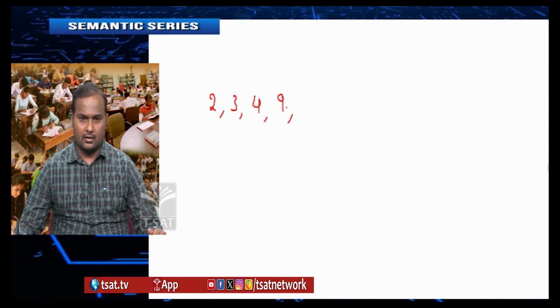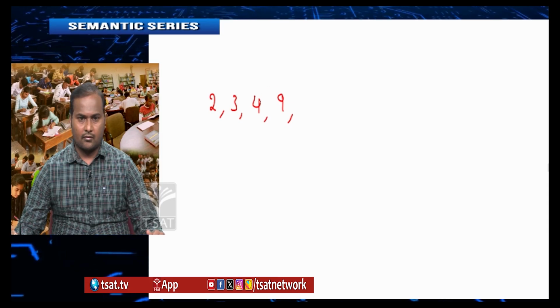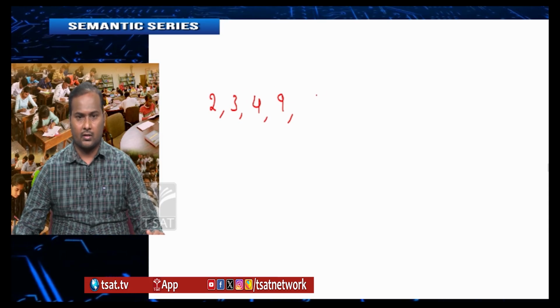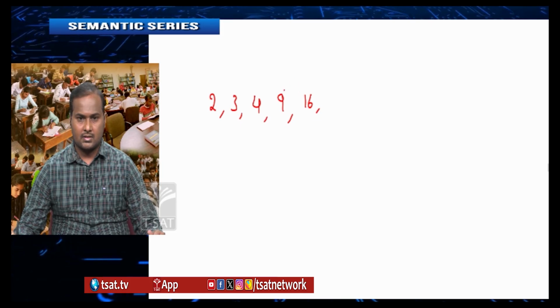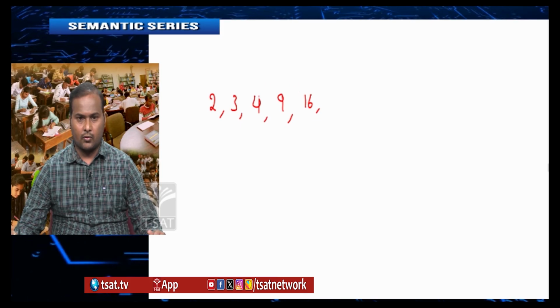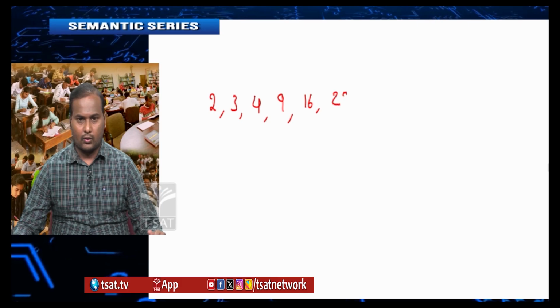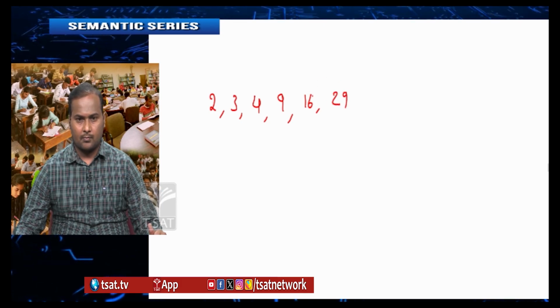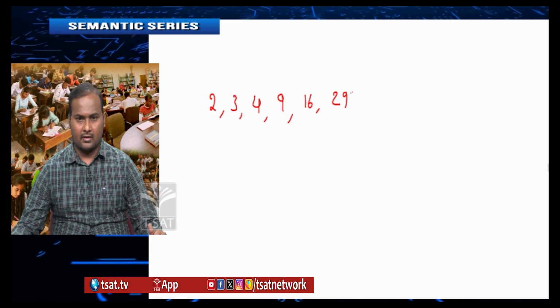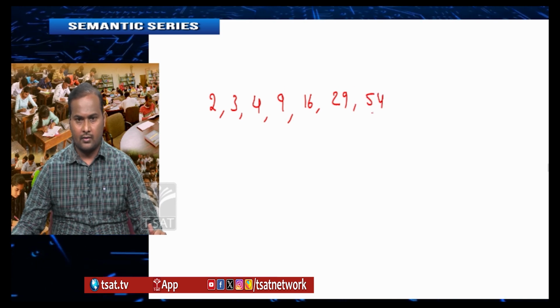Again the next number is 9 plus 4 plus 3, that is 16, and the next number will be 16 plus 9 plus 4, that is 29. The next number will be 29 plus 16 plus 9, that will be 54.